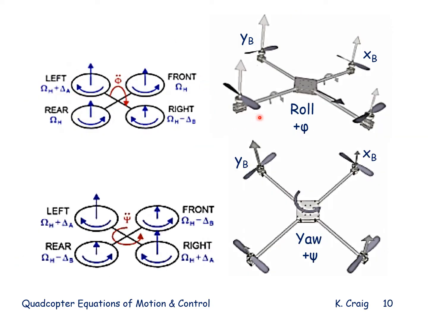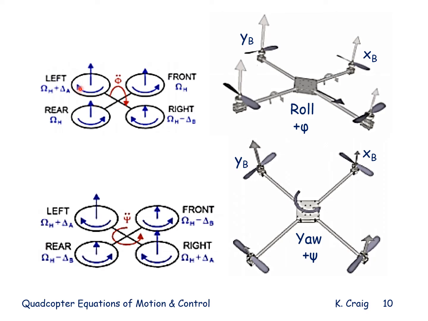We control the roll angle of the quadcopter. This is a rotation about the x-axis by leaving the speed of motors 1 and 3 unchanged, but then by increasing the speed of motor 4 and decreasing the speed of motor 2.